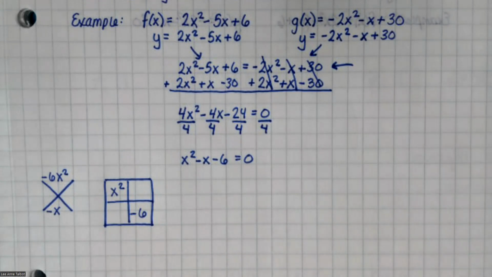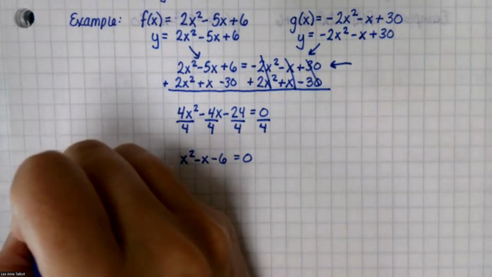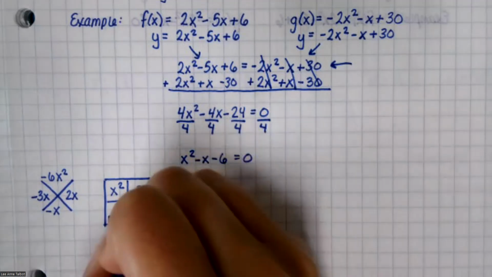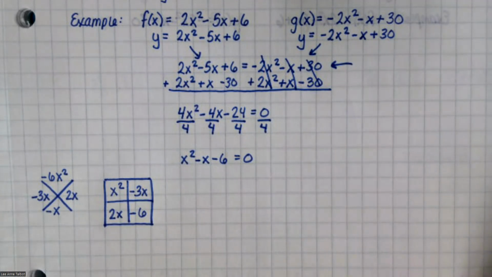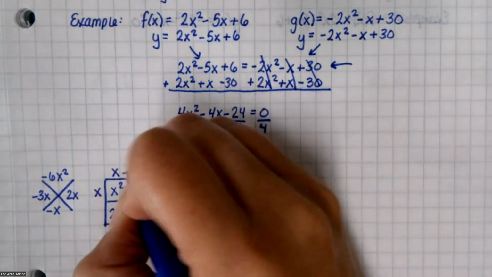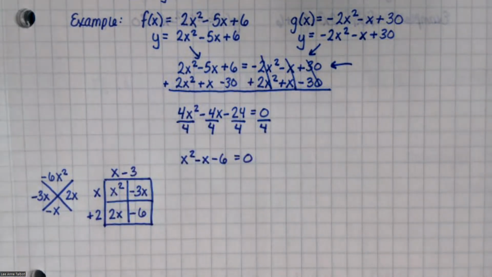Okay, moment of truth. Do you know your multiplication tables? Negative 3 and 2. What's wrong?